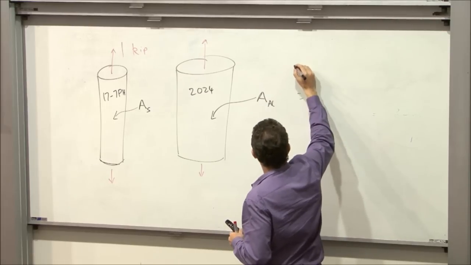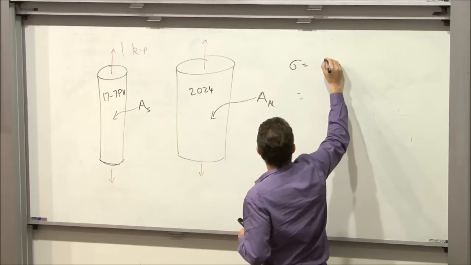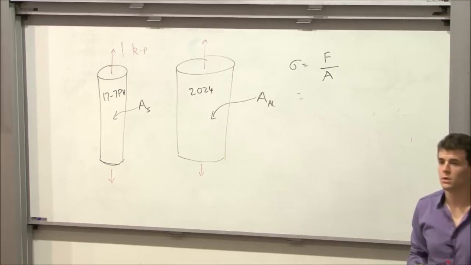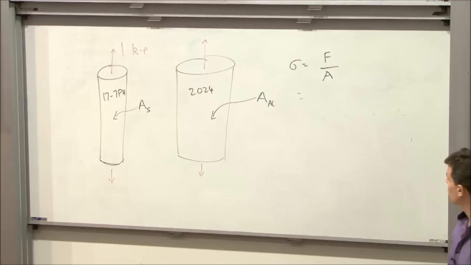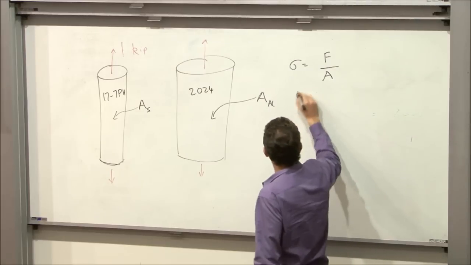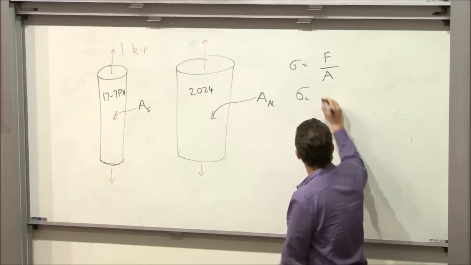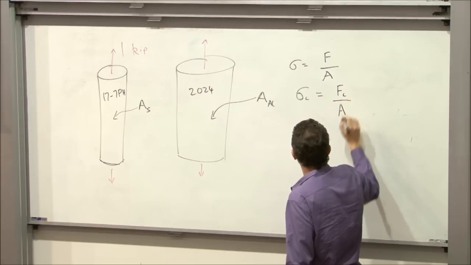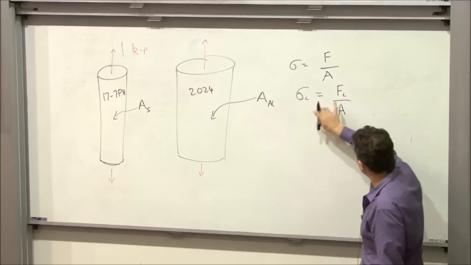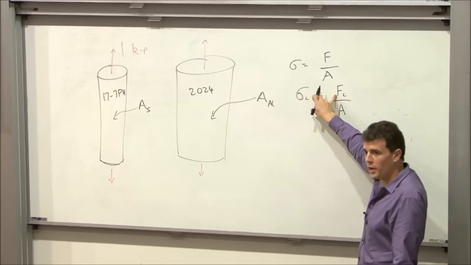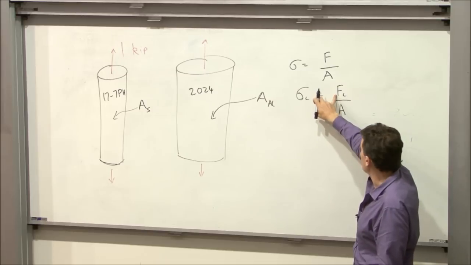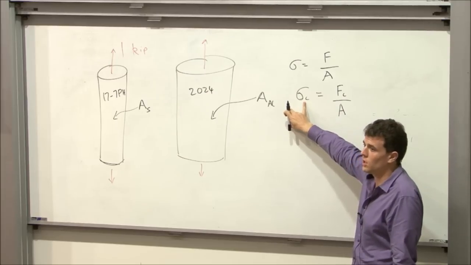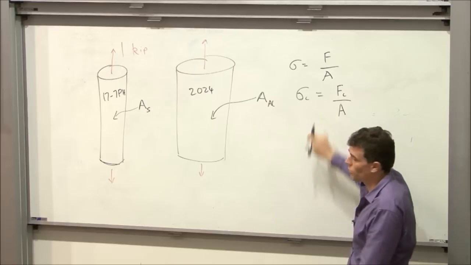So, stress equals force over area. The critical stress at which something's going to fail is equal to the critical force over the cross-sectional area. So if we want our bar to be able to take 1 kilopound, and we know the stress at which it's going to yield, which we've got up there, we can work out the area.